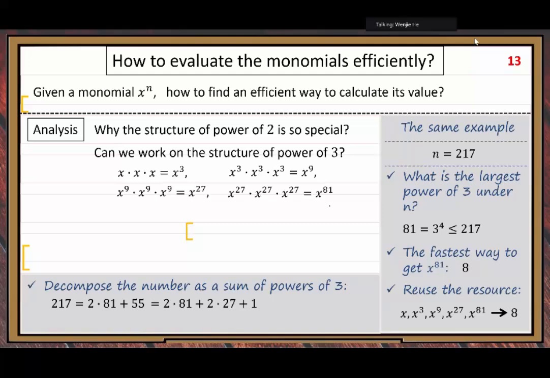Remember, when we do the power of 2 decomposition, it corresponds to the binary representation. And when we do the power of 3 decomposition, it corresponds to the ternary representation, base 3.